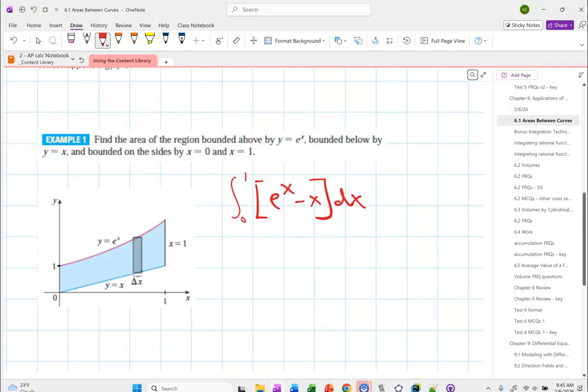What's the antiderivative of e to the x? E to the x. What's the antiderivative of x? Yep. Or x squared over 2. That's fine. And we just evaluate from 0 to 1.